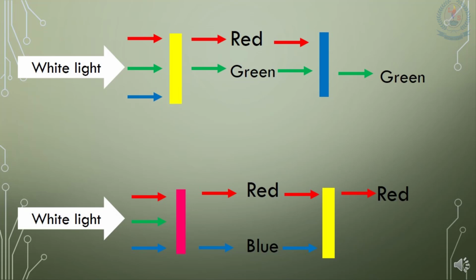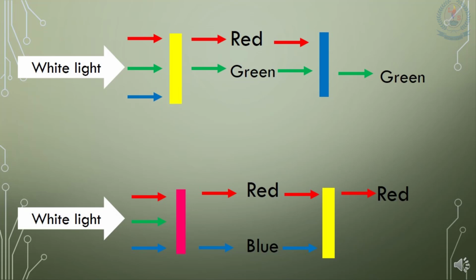Another example is, if we pass a white light beam through a magenta light filter, we will get red color and blue color.